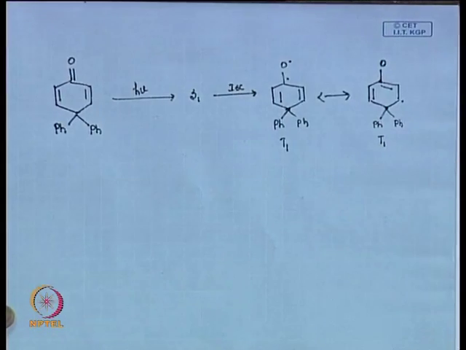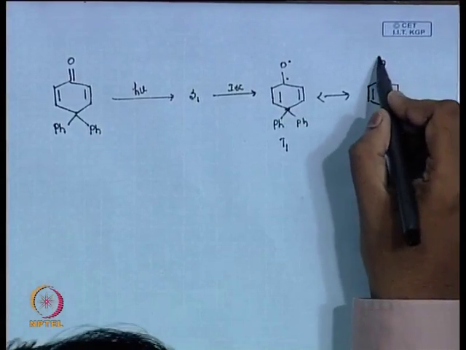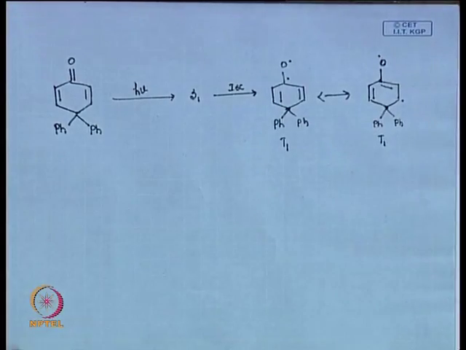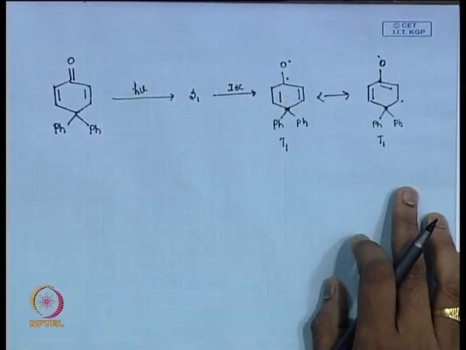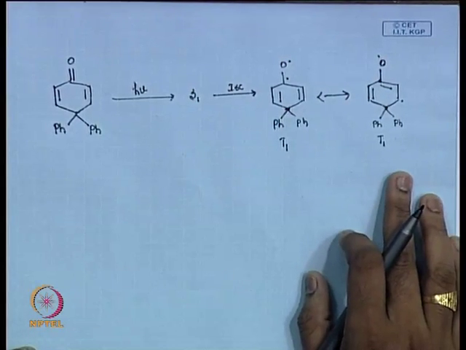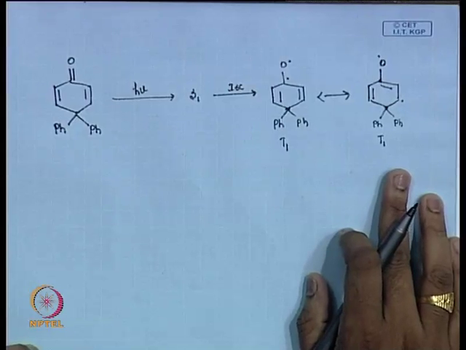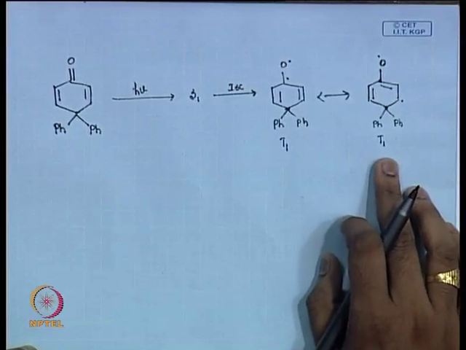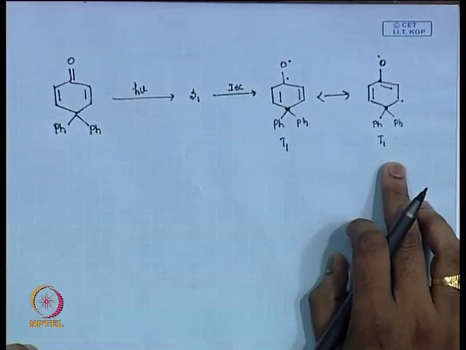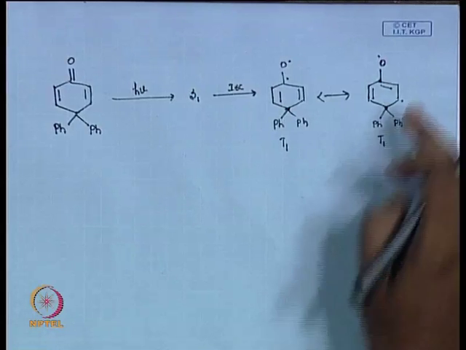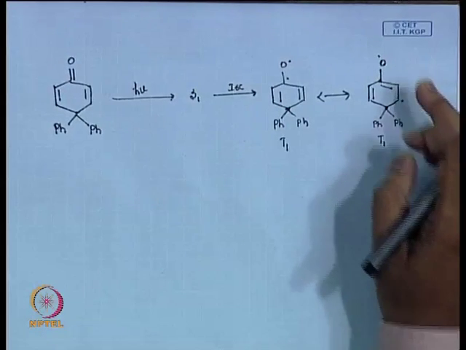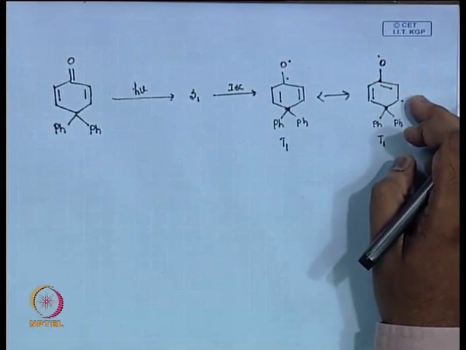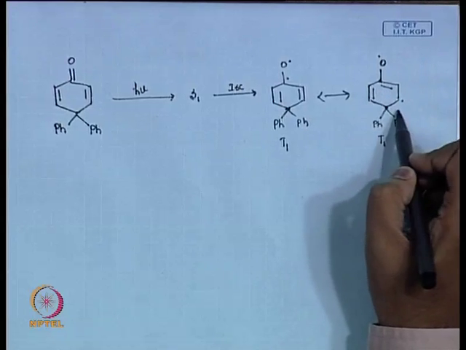This is again in the triplet state, right. What is this called? Very rare example of an intermediate. You call this an oxy-allyl biradical, very rare to see. Oxy-allyl biradical. You have seen allyl biradical systems. These are oxy-allyl biradical systems.